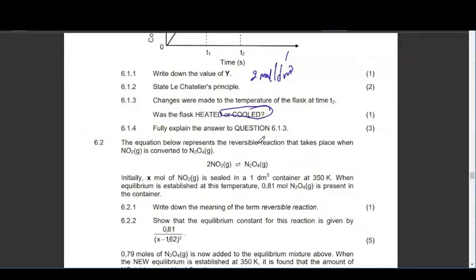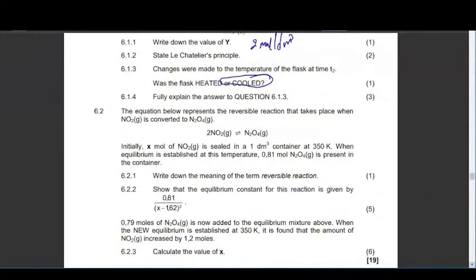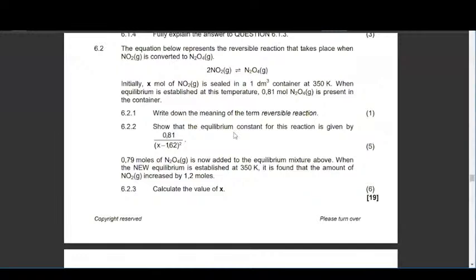The equation below represents the reversible reaction that takes place when nitrogen dioxide is converted into dinitrogen tetraoxide. And then they're saying initially, you have x moles of nitrogen dioxide sealed in a 1 decimeter cubed container at 350 Kelvin.